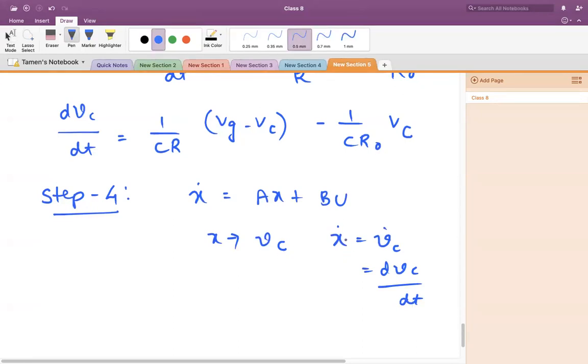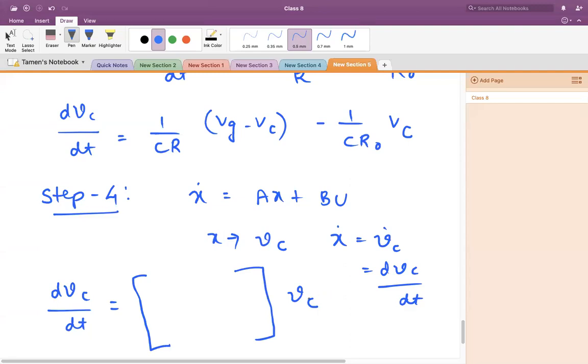So x dot will be dVc by dt. So now I'll write it in this form, x dot equal to dVc by dt equal to, since I need to write it in A form. A is a matrix. So I'll take this. What is x? x is Vc.